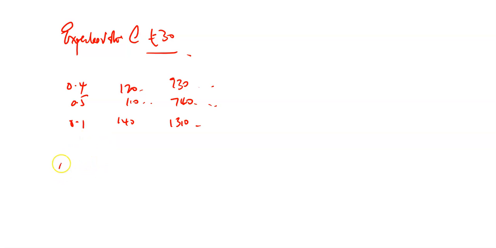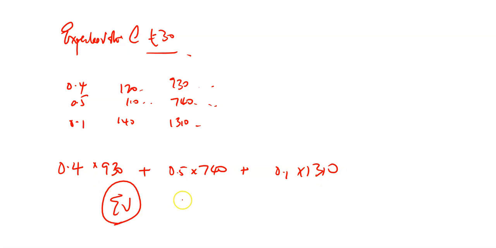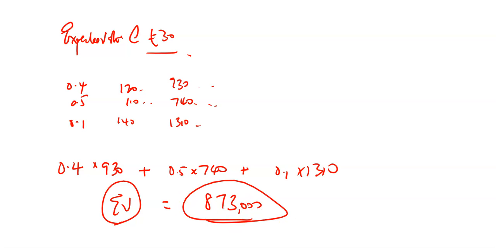All I have to do is find the average: 0.4 times the first profit plus 0.5 times 740 plus 0.1 times 1310. That's what expected values are, the average. You bang all that out and you arrive at the healthy figure of 873,000.